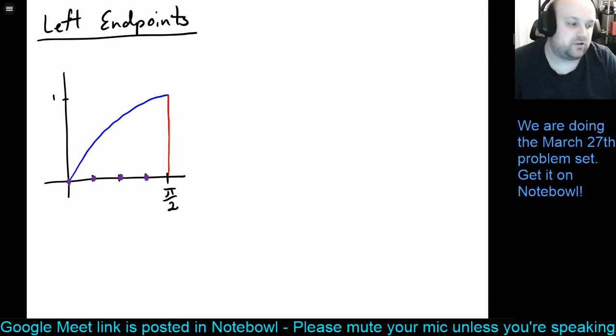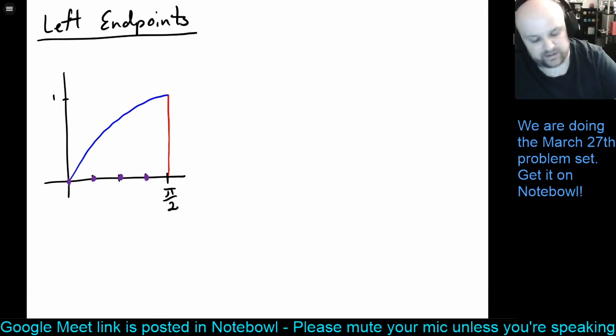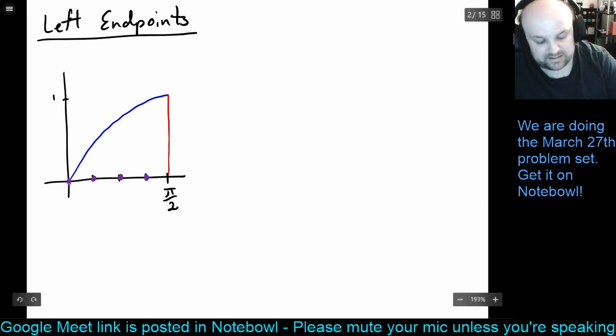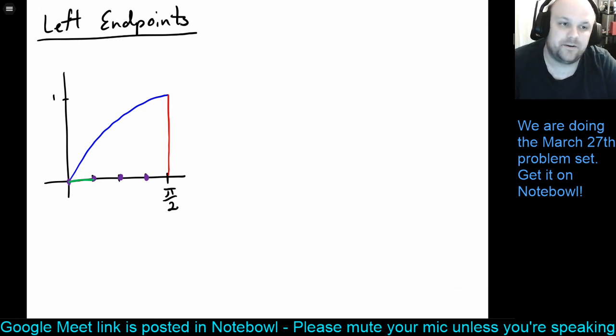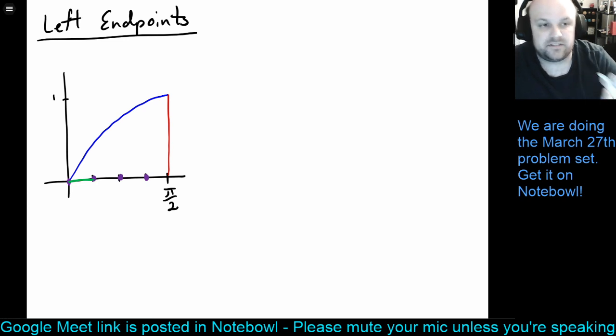So now I want to draw in my rectangles. Okay. So the first rectangle has height given by where I draw a line from the left endpoint, this dot right here, up to the function. Well, the function crosses the x-axis at that point, so it has height 0. So my first rectangle is actually just a flat line. Right? It has no area. Then I move on to the second dot.